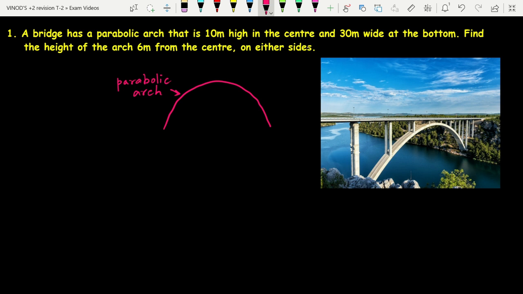And the center is nothing but the midpoint of the parabola. At that center point, the height is given to be 10 meters and the width at the bottom is given to be 30 meters.